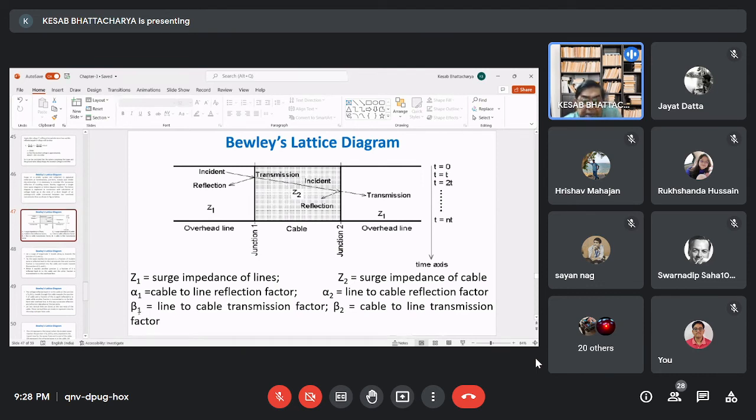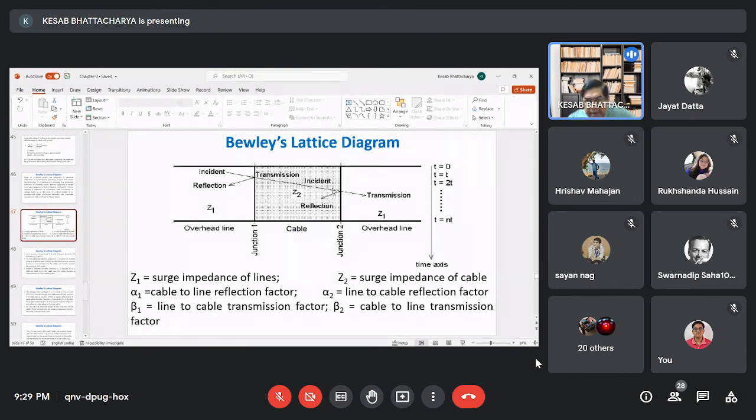Only thing in the case of beta 1 and beta 2, the values of Z1 and Z2 will be interchanged, since reflection and refraction take place from different ends. Once it is taking place from the cable end, being reflected, it enters the line itself.